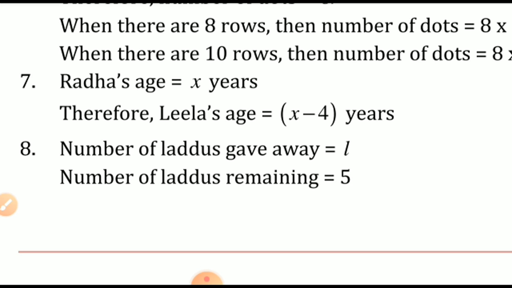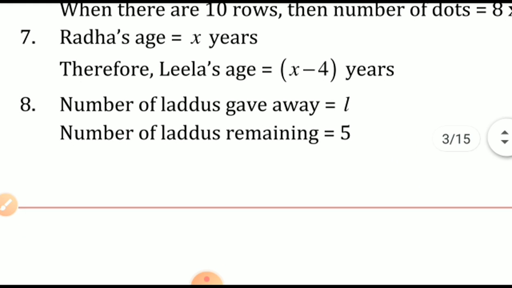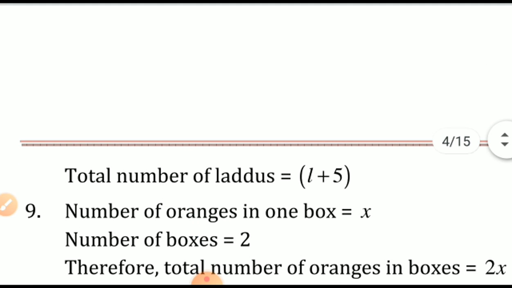Here laddu, that's why we can take L. Number of laddus remaining: only 5 are remaining. What are they asking? Total number of laddus: distributed plus left. So total laddus were L plus 5. L plus 5 means there were L and then the remaining laddus we have to add.